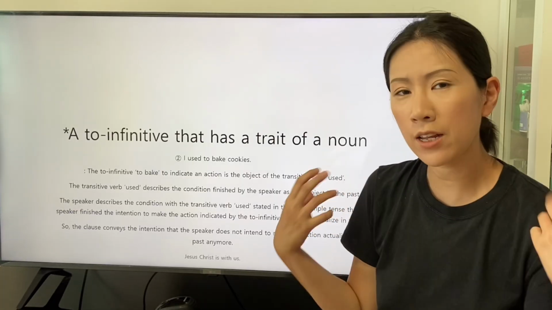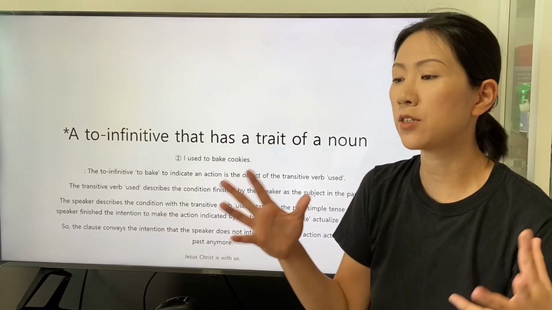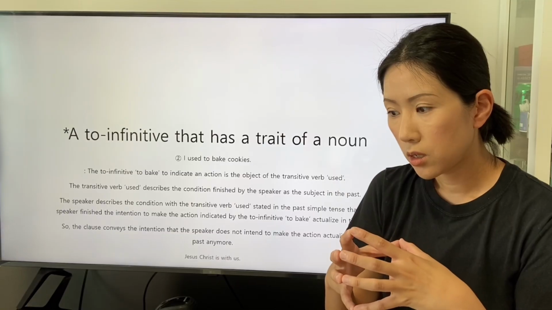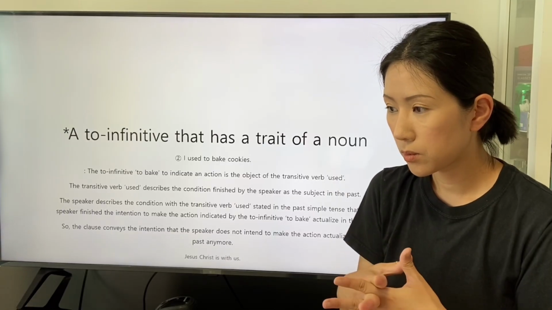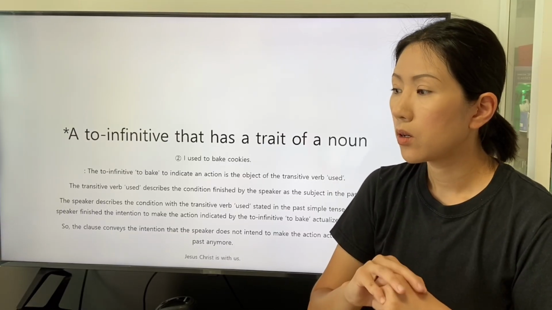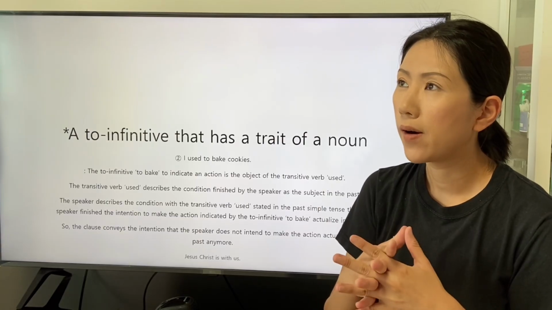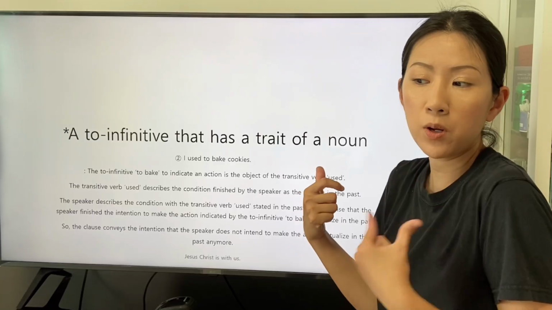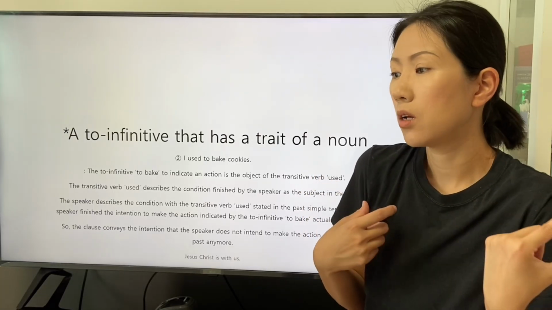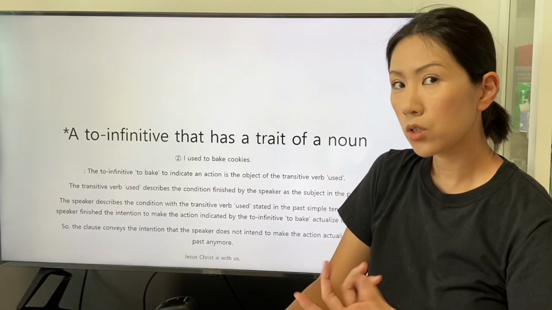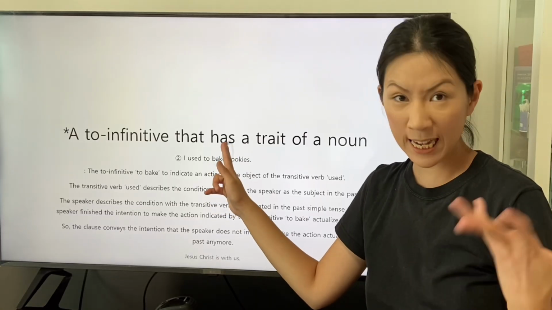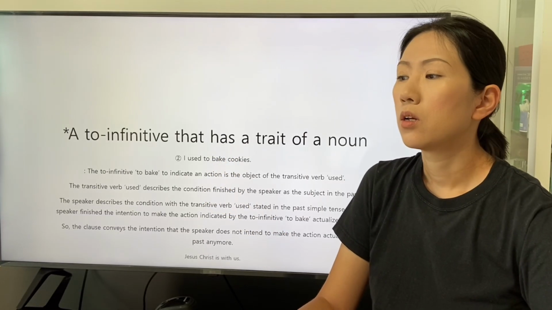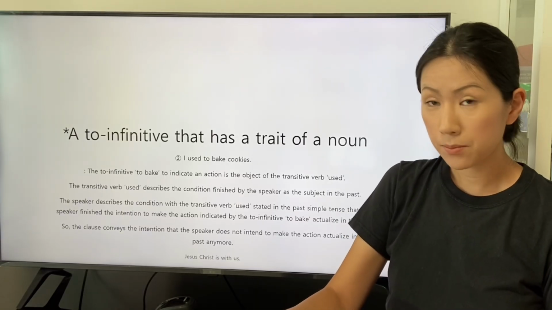The listeners can understand that the speaker as the subject used up all the purposeful mind to actualize the action indicated by the root infinitive bake in the past.